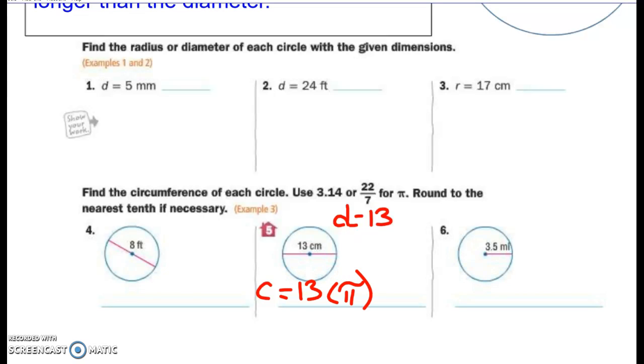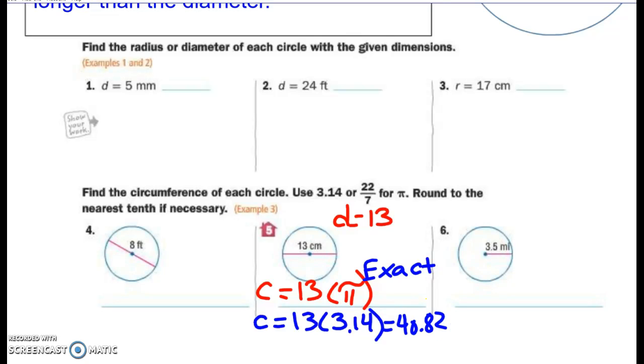That represents my exact circumference. But it told me to round to the nearest tenth, so it's looking for the approximate. So that means I need to do 13 times 3.14. I get 40.82, but my instructions told me to round to the nearest tenth. So that means that the approximate circumference of this circle is 40.8 centimeters.